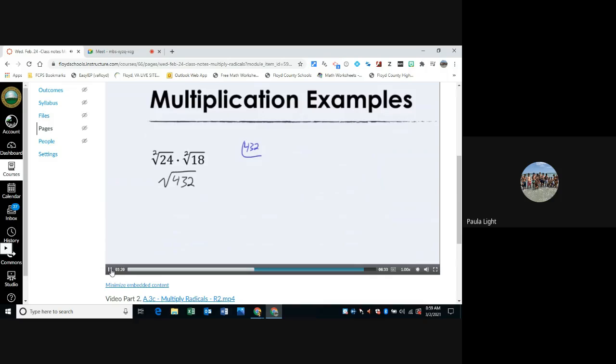You could have simplified the square root of 24 and the square root of 18, brought the perfect square out, and gone that route. But he's just multiplying them straight across and then going to break down that 432.